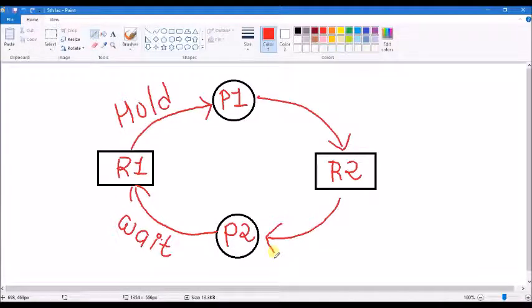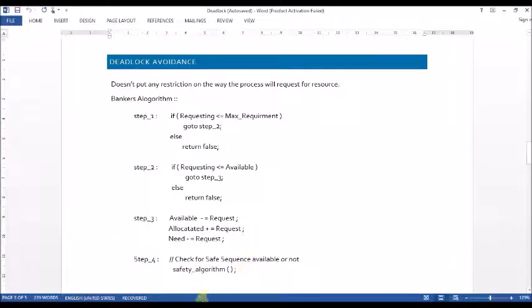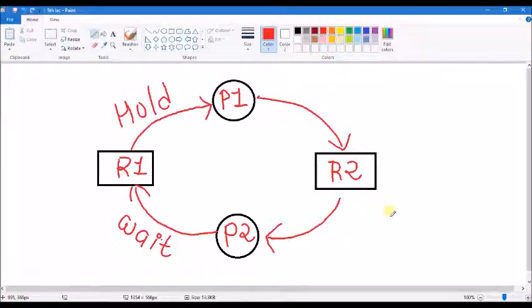So in the first three steps, we check the validity of the particular request, and if it is valid, we allocate that resource to the particular process. Now, in the fourth step, we check whether, after granting this request, our system will lead to deadlock or not. And for that, we use the safety algorithm.